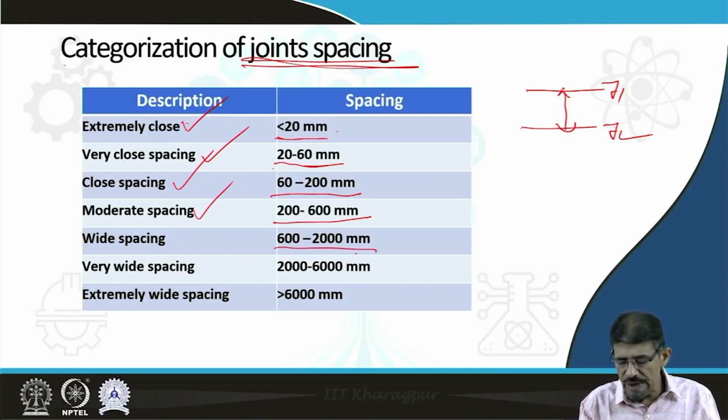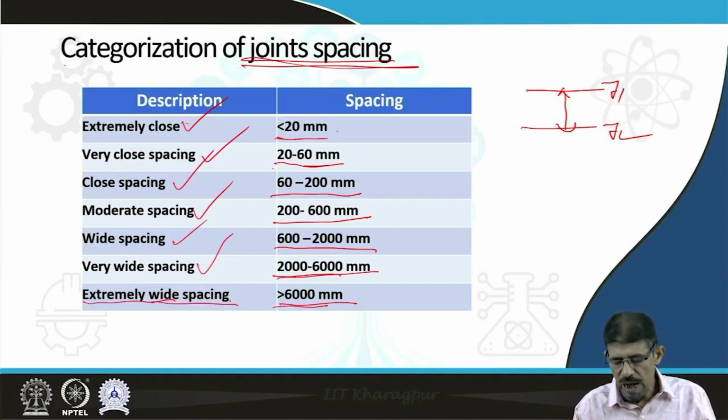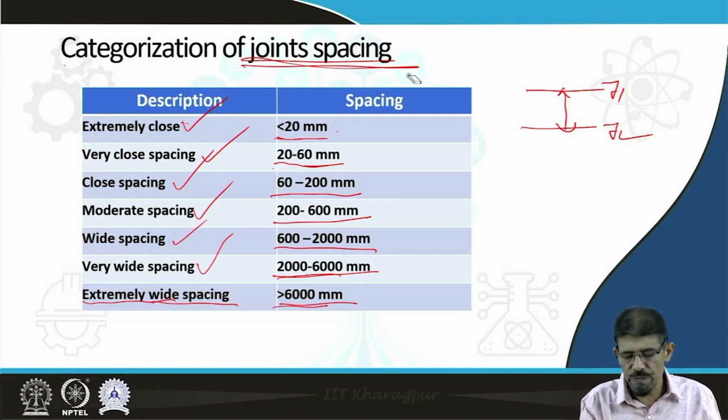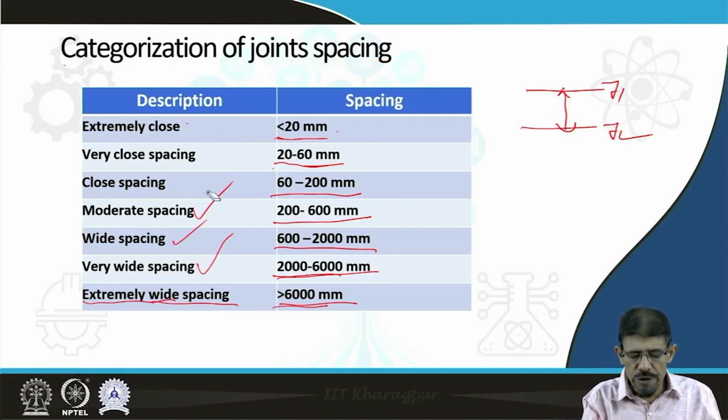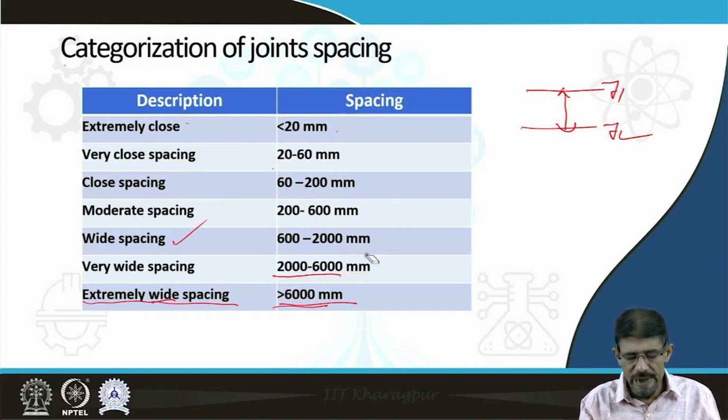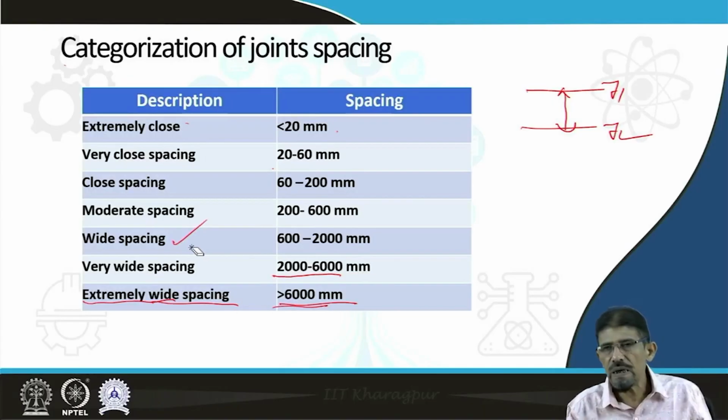Then 600 to 2000 mm, wide spacing. Then 2000 to 6000 mm, very wide spacing, and more than 6000 mm is extremely wide spacing. So in view of the joint spacing, we are able to categorize different types of joints based on spacing.